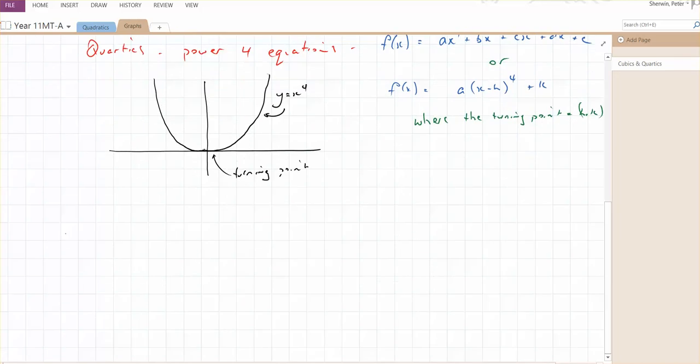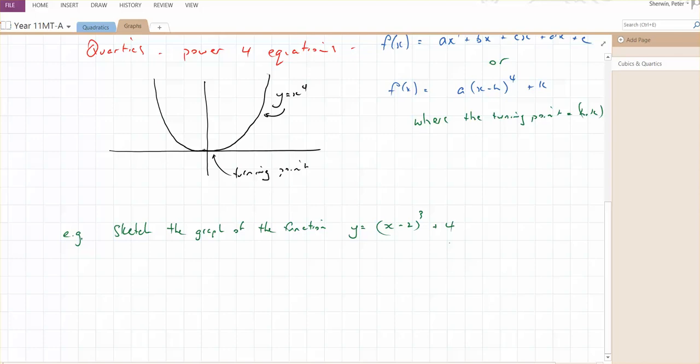So let's, for example, sketch the graph of the function y equals (x minus 2) cubed plus 4.